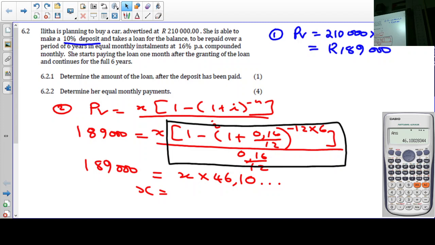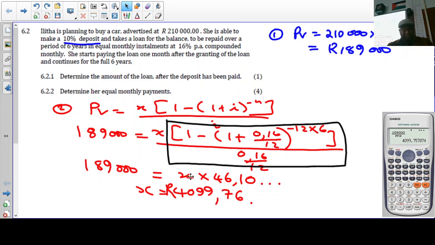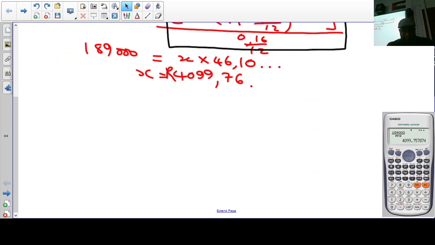So if you now say 189,000 over that last answer calculated, it gives me 4,099 rand and 76 cents. Okay, so that is the monthly installment at this stage. Then let's just get to the other part of the question.